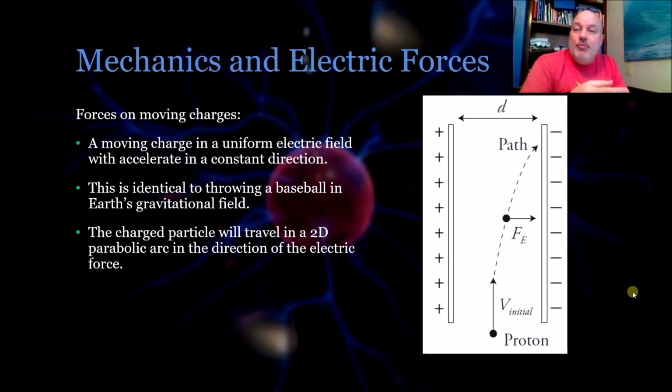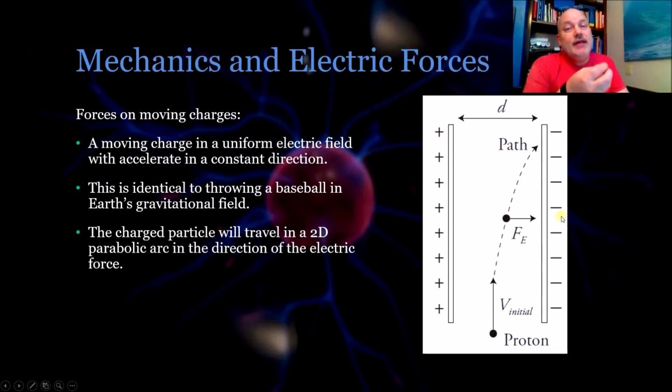Here's another example of mechanics with electric forces. You can have a force on a moving charge. Here we have two capacitor plates, so our electric field will be directly to the right, away from the positive plate, toward the negative plate. If we shoot a proton in through this uniform electric field, it will receive a uniform force to the right.